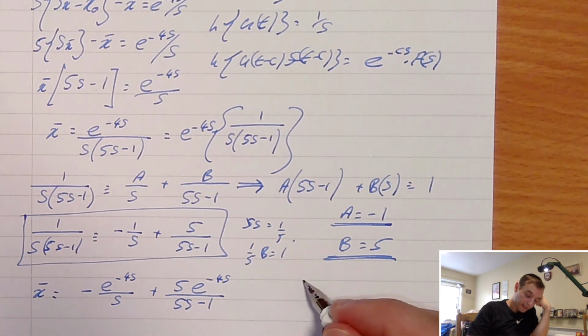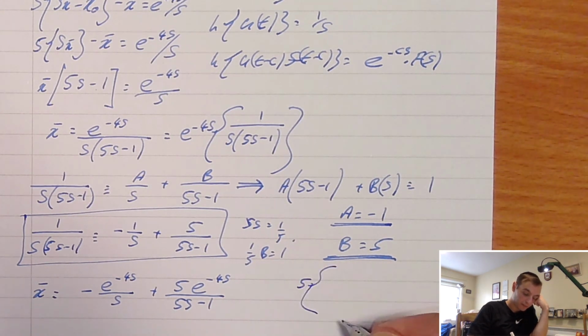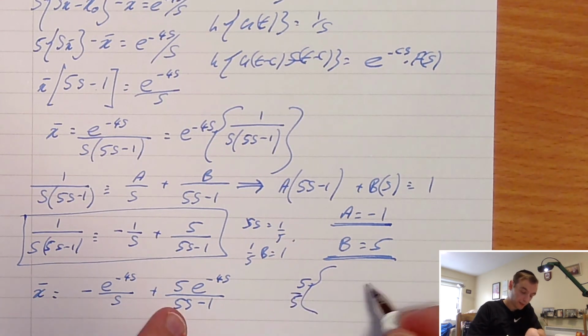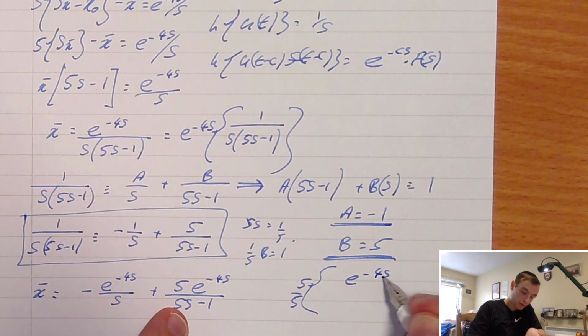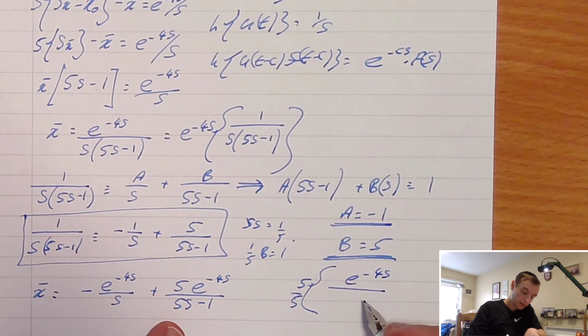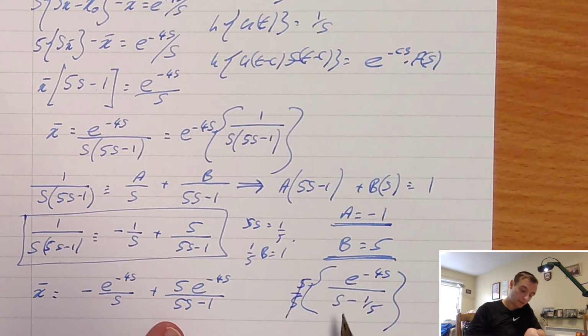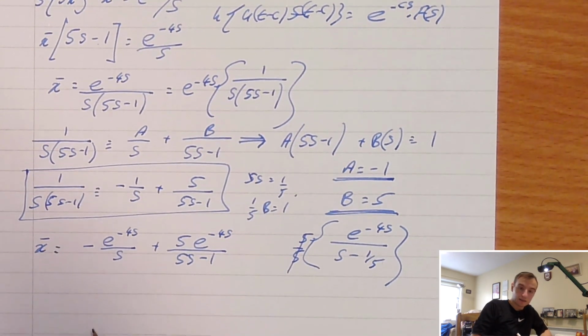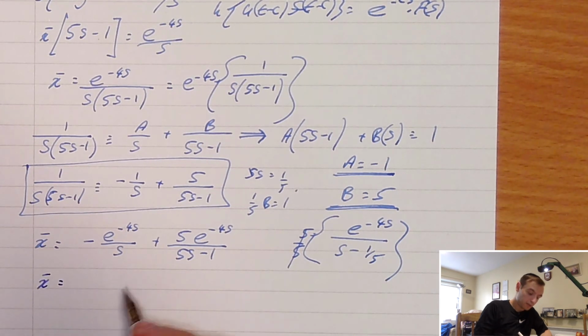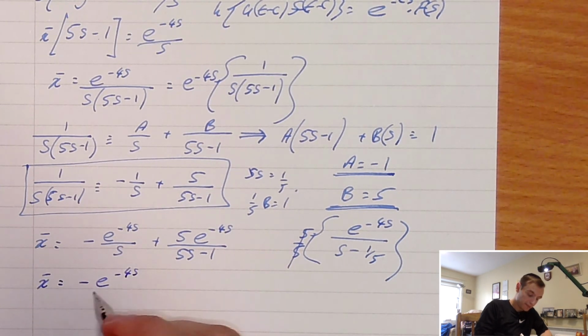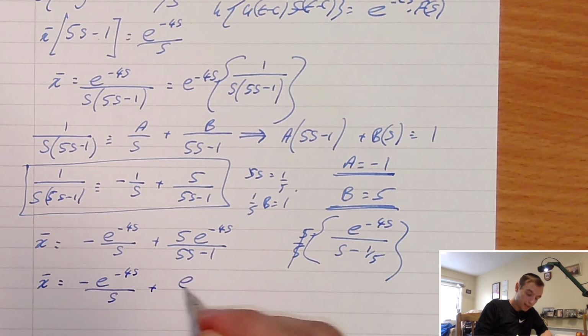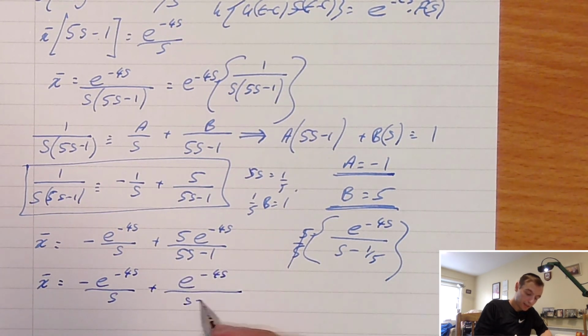I'm just going to do a quick calculation: if we take out the 5 on 5, we're left with e to the minus 4s on s minus 1/5. 5 on 5 is 1. So we can now say that x bar equals minus e to the minus 4s on s plus e to the minus 4s on s minus a fifth.